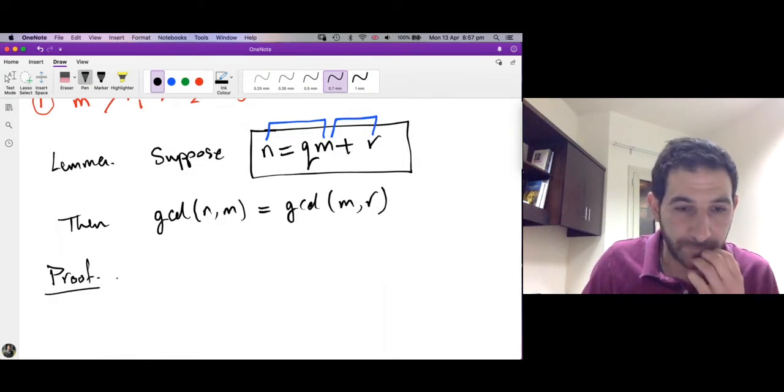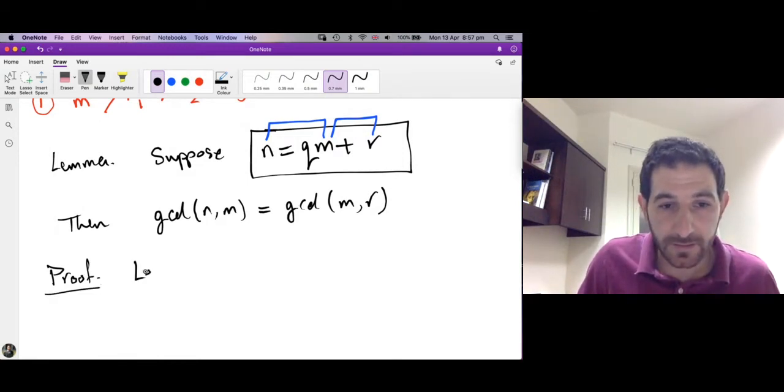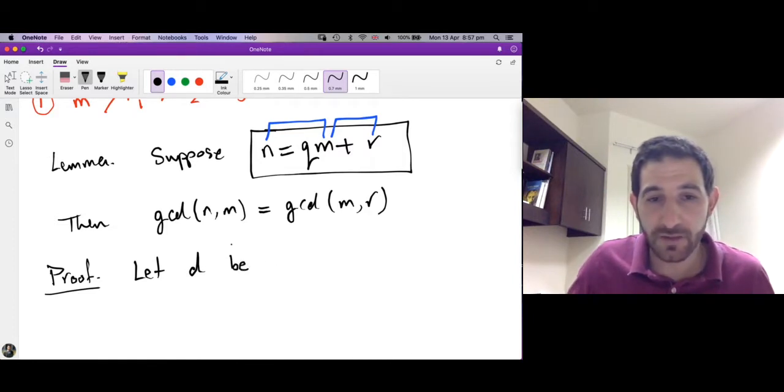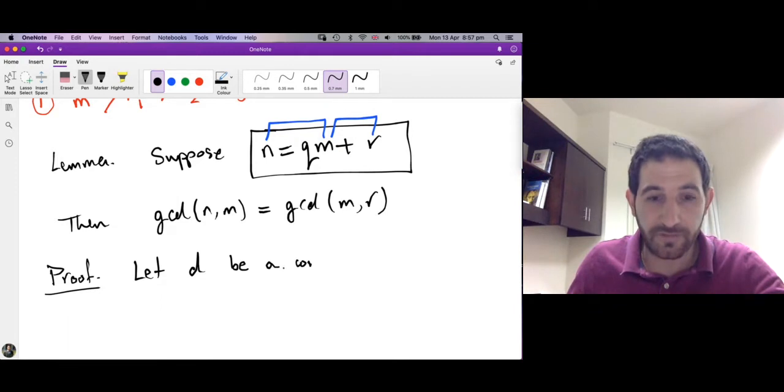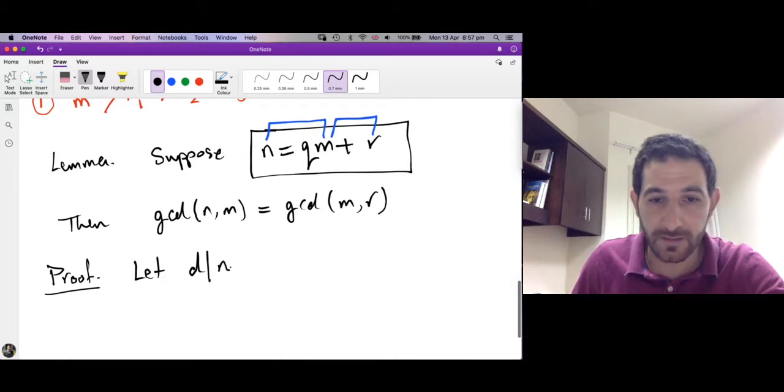Okay, let's prove this. Proof. Let d be a common divisor of n and m. What does it mean? d divides n and d divides m.